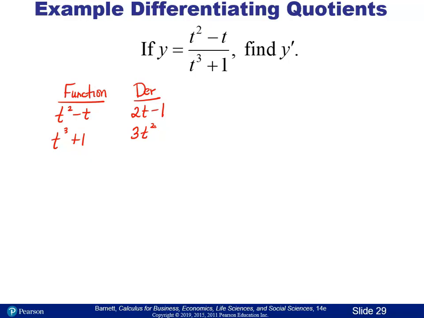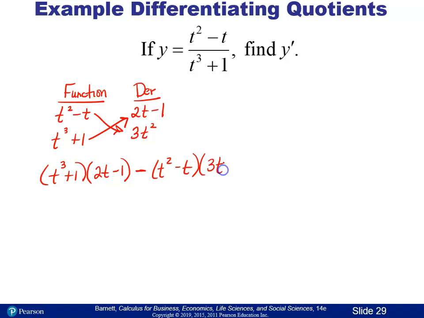So if you're going to do it with kind of setting it up in these columns here, you always have to start with the bottom when you're doing the quotient. So we're going to have the bottom times the derivative of the top, minus, and then we're going to go the other direction, t squared minus t times 3t squared, and then that's going to be over t to the third plus 1 squared.